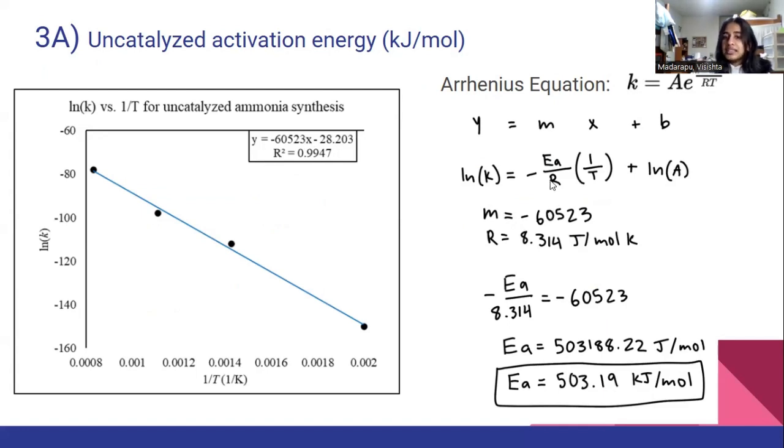So the slope is going to be negative activation energy over R, which is going to be equal to negative 60,523. And when you solve for activation energy, you get 503,188.22. And then when you convert it into kilojoules, you get 503.18 kilojoules per mole.